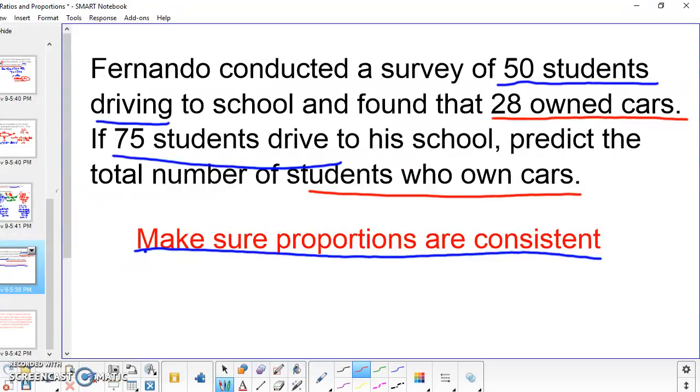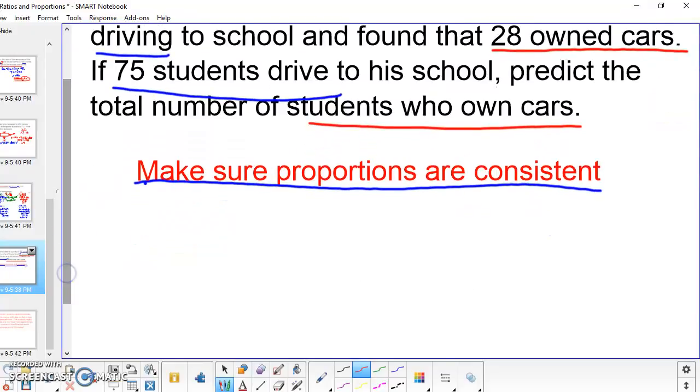So the red pieces have to stay together, and the blue pieces have to stay together. The people who own cars have to stay together, and the people who drive have to stay together. So if we're writing a proportion, we're writing two fractions that are equal to each other. Let's put the people who own cars on top and the people who just drive on the bottom.